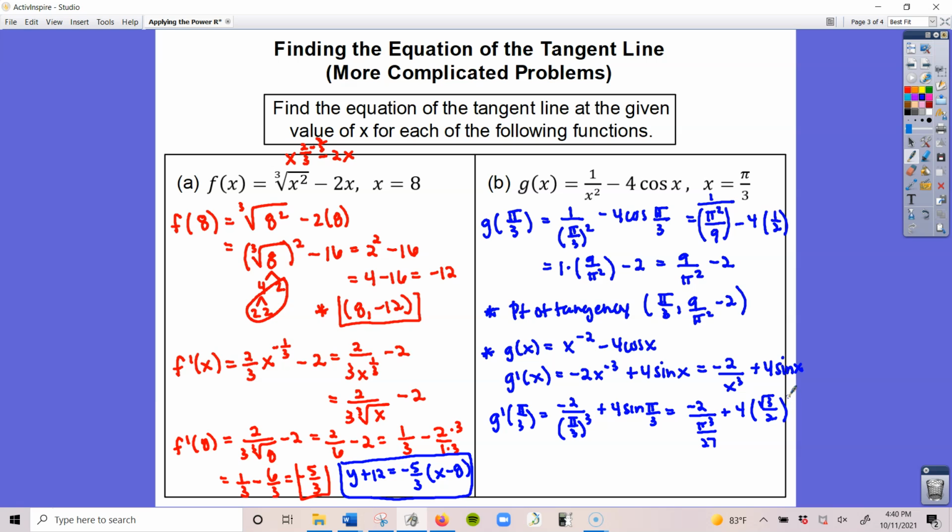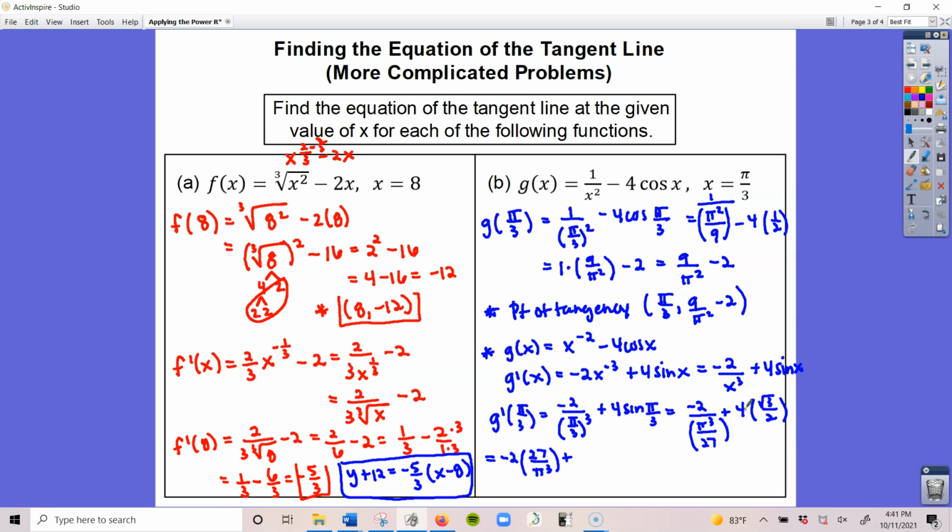Now again, this doesn't look very nice, so let's try to clean this up as much as possible. Negative 2 over pi cubed over 27, we can do the same thing that we did earlier, which is keep, change, flip. So we keep the negative 2, we change to multiplication, and we flip. So 27 over pi to the third.